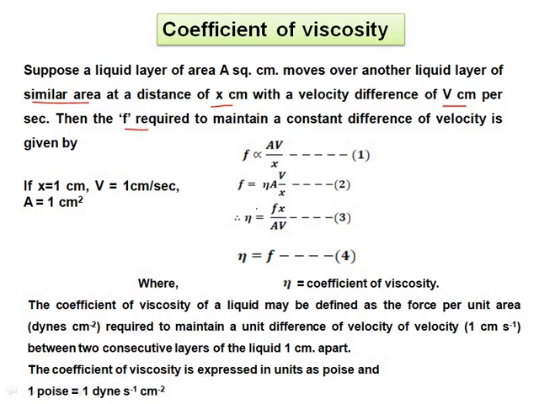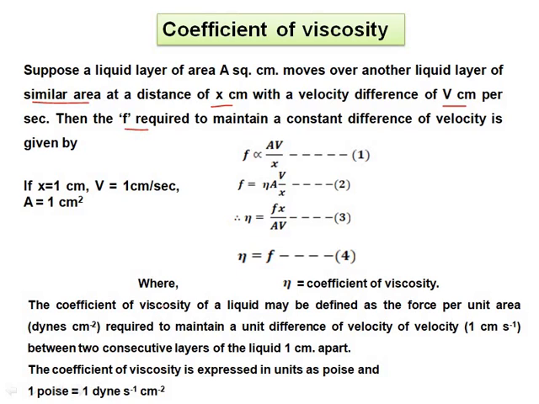Therefore, on rearranging this equation, eta is equal to F into x upon A v. With x equal to 1, A equal to 1, v equal to 1, eta is equal to F. So eta is the coefficient of viscosity.